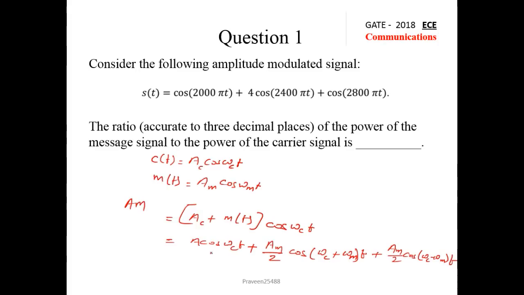So here we observe that this is our carrier signal, this is the upper sideband and this one is the lower sideband.